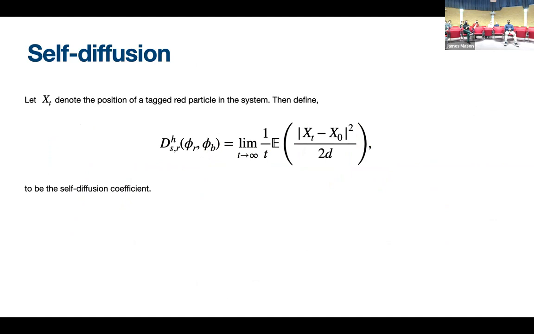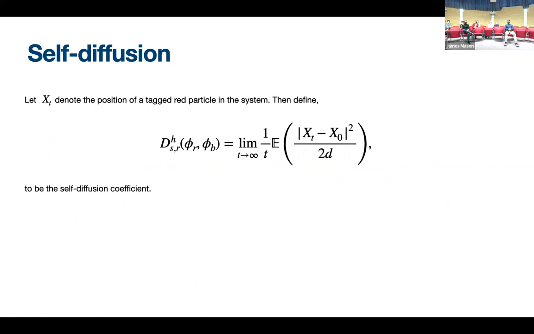One way to measure it is to take the mean square displacement divided by time, and take the limit as t goes to infinity. If this was a Brownian motion, this would be its diffusion constant.